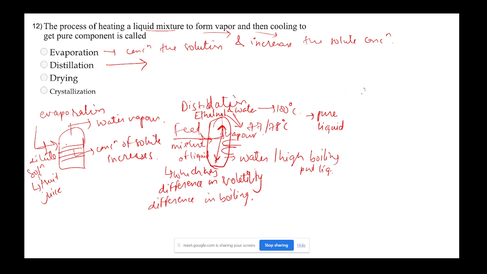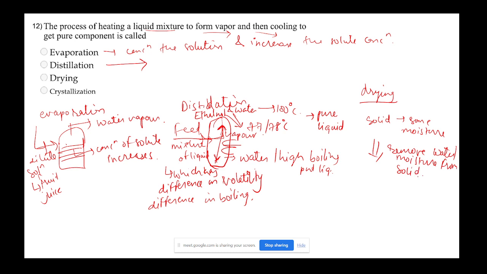Next option is drying. Drying is a unit operation which is carried out in any industry where you have any sort of solid which has some moisture content, and to make the product saleable in the market, or depending on what is required, you want to remove water or moisture from that solid.